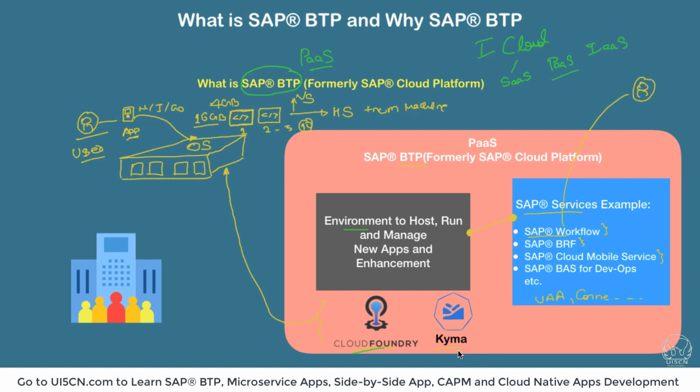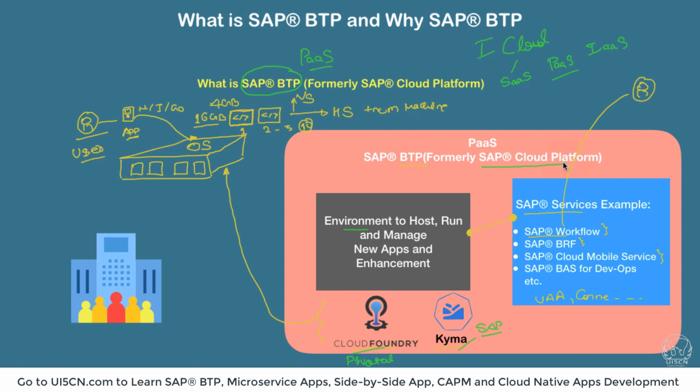Now Kyma is a newer environment which is created by SAP, and this is also open source software. And Cloud Foundry is created by Pivotal, and this is also open source software which has been out there for quite a while. And when SAP BTP was initially released, it was called SAP Cloud Platform.